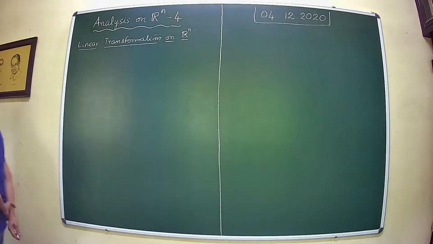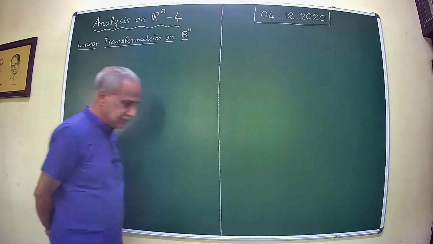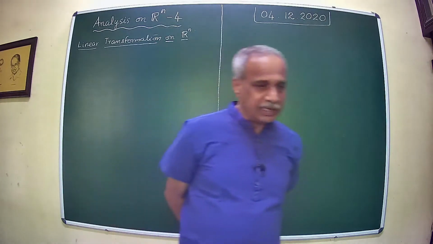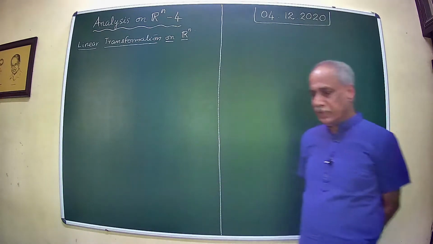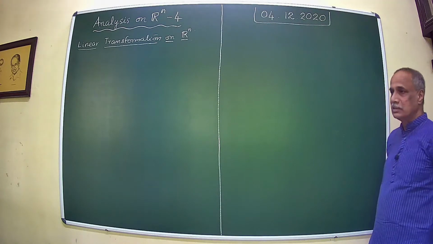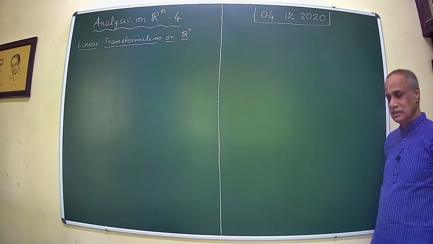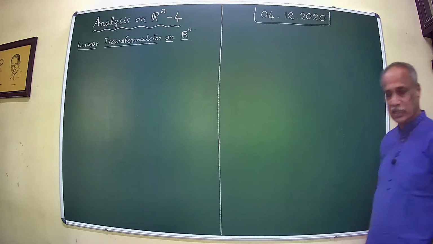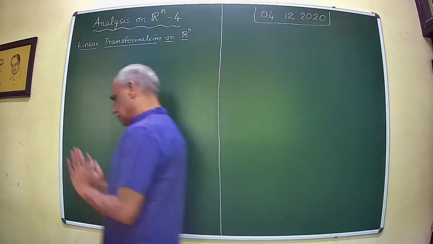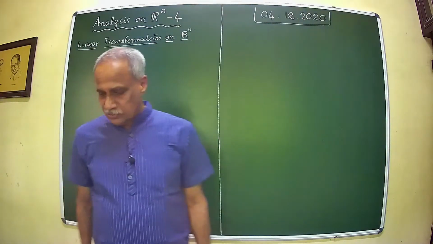That's a very interesting thing: once you are talking about linear maps, all that we need to know is how it maps the elements of the basis. So the knowledge of the image of a basis fixes the linear transformation completely.